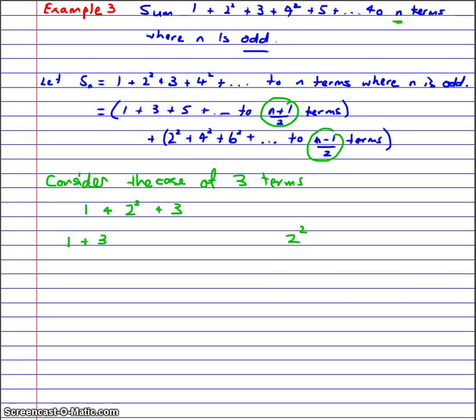Now you'll notice that this here is the n plus 1 over 2 terms, because the number of terms, n, is 3, so that's 3 plus 1 over 2, which is 2 terms, which is what we have.